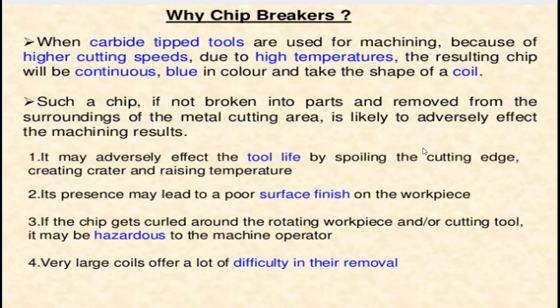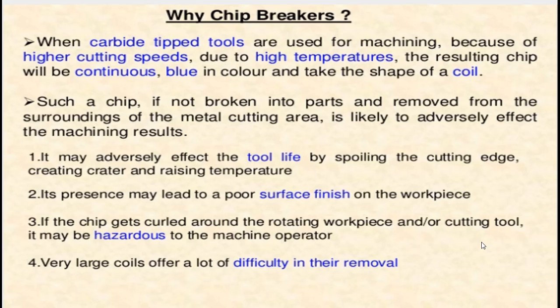Such chips, if they are not broken into parts and removed from the surroundings of the metal cutting area, will affect the machining in such a way that tool life will be reduced by creating a crater and raising temperature. Again, it will lead to poor surface finish of the workpiece, as chips will also come in contact with the workpiece.